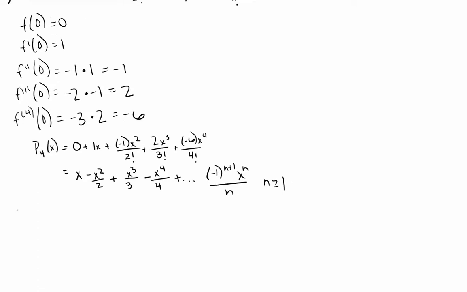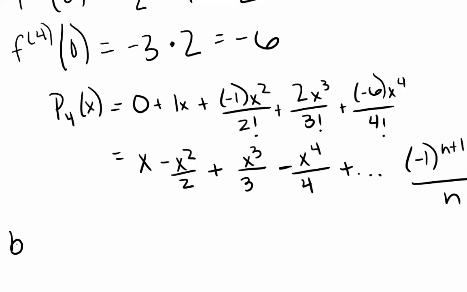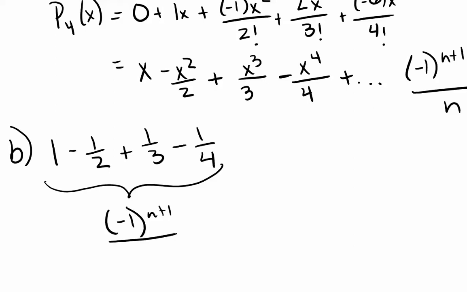So if we plug in x equals 1 to our Taylor equation, we get 1 minus 1/2 plus 1/3 minus 1/4. And if you recognize this right here, this is the alternating harmonic series, whose general form is -1 to the n plus 1 over n.